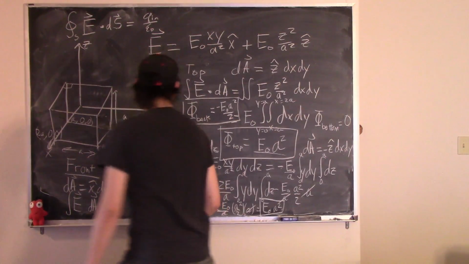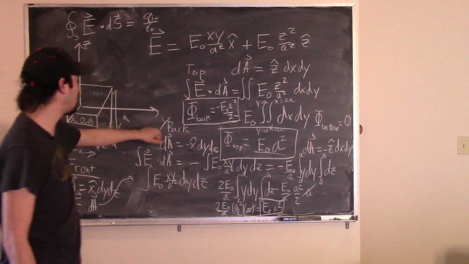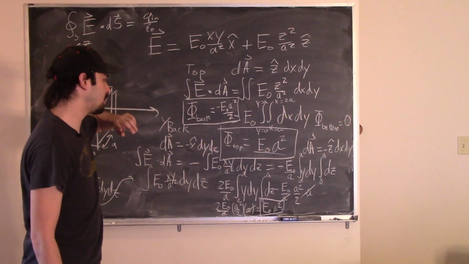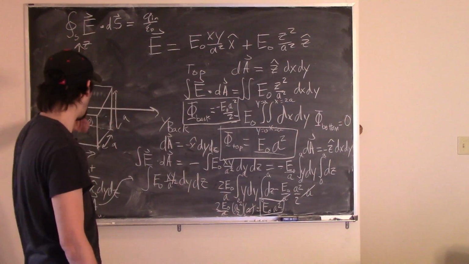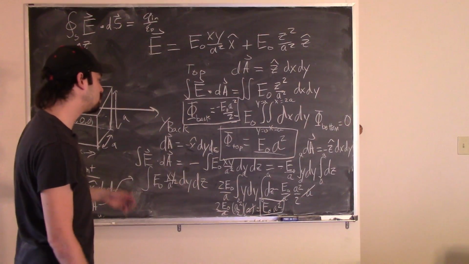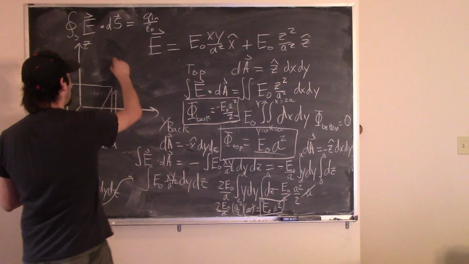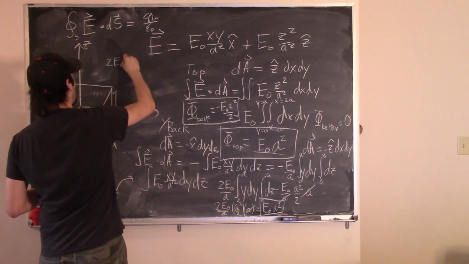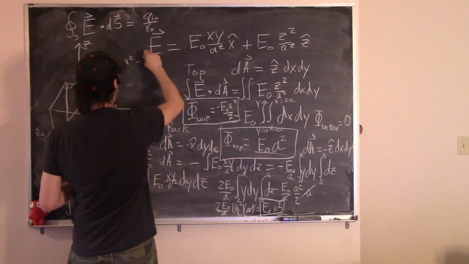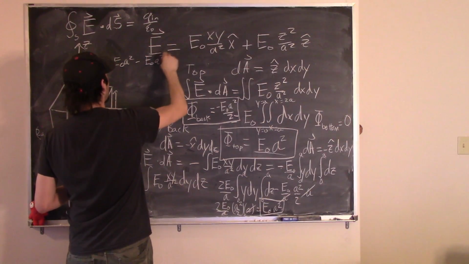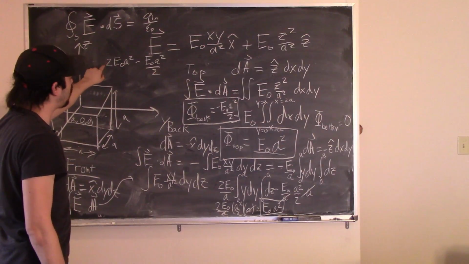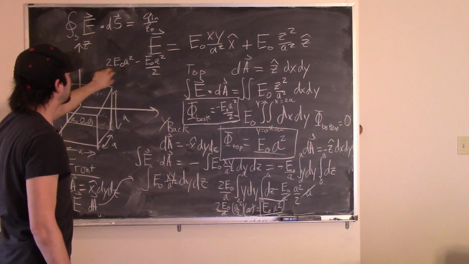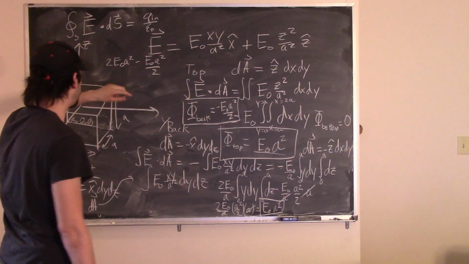Okay. So now we have our three fluxes. We have the back, we have the top, and we have the bottom, or sorry, the front. And so when we add all of those together, what we end up seeing is this is going to be 2 E0 a squared minus E0 a squared divided by 2. This ends up being 4 halves. 4 halves minus a half is going to be 3 halves.